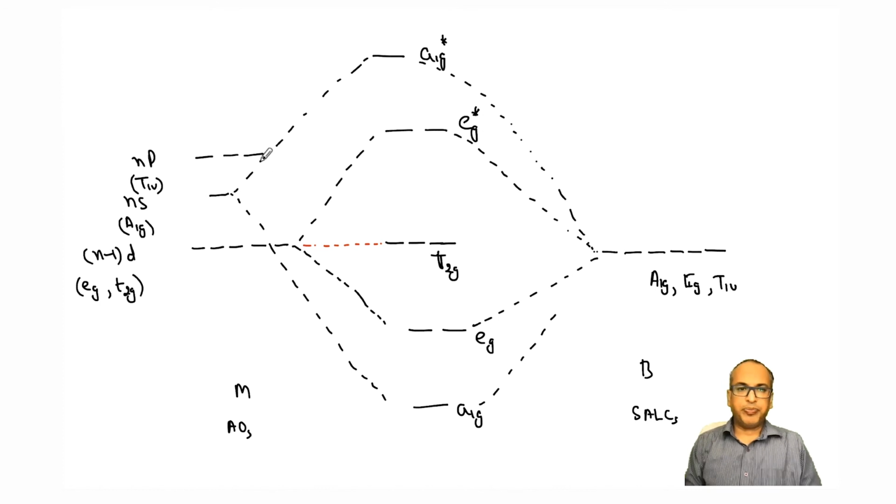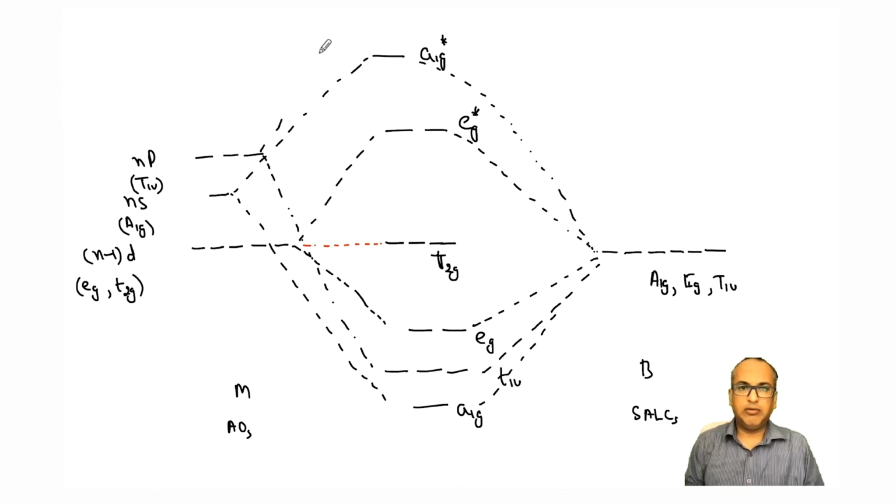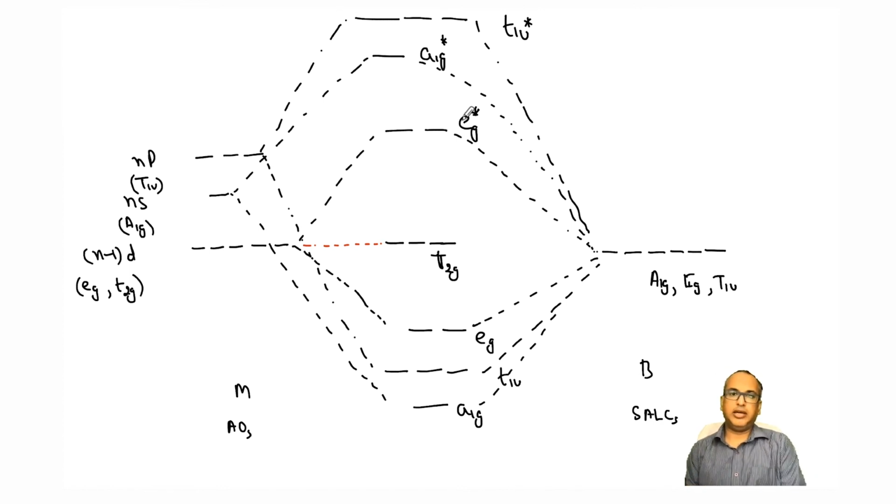And this will be T1U. So T1U will come somewhere over here, but again this might flip. So you will have 3 T1U, T1U, and T1U star. Star describes anti-bonding. This is the bonding orbital and this will be the non-bonding orbital, right?